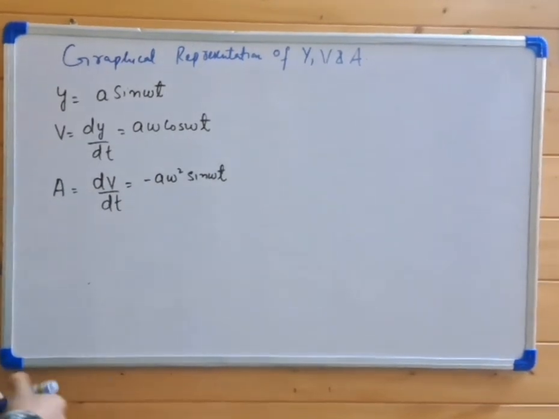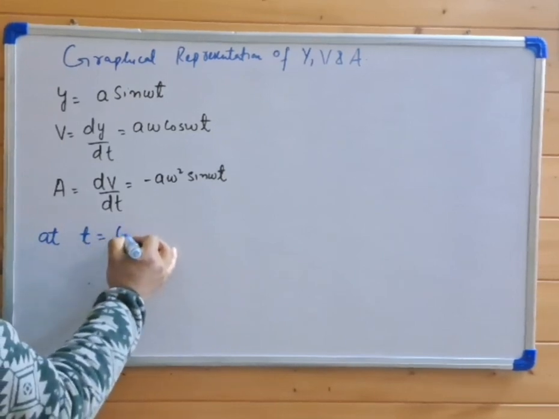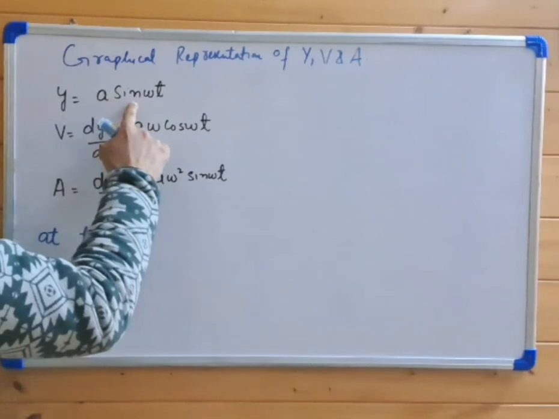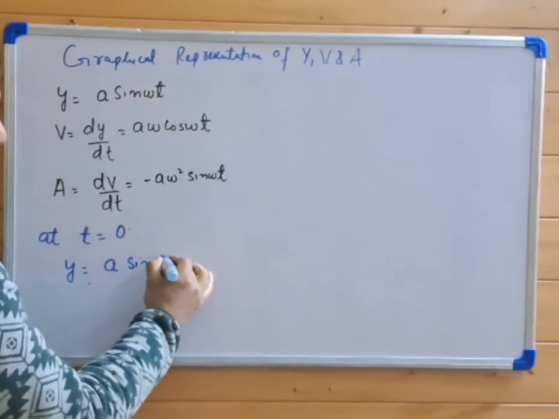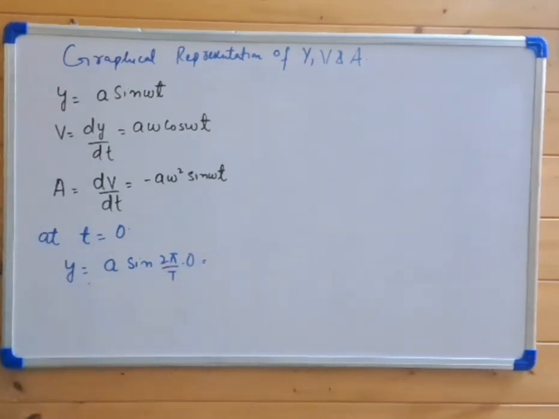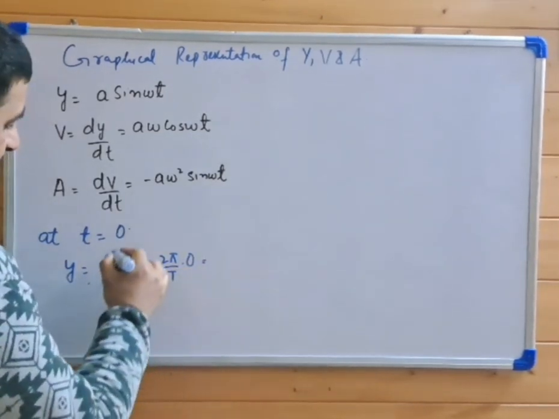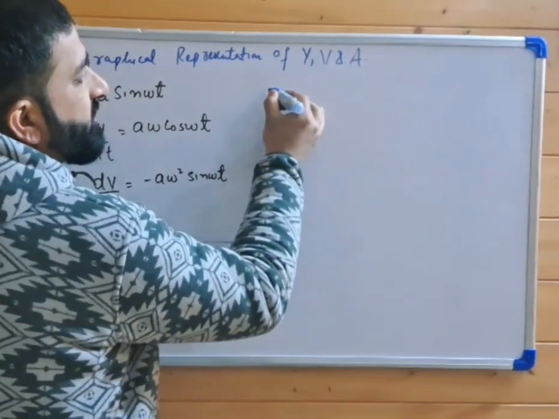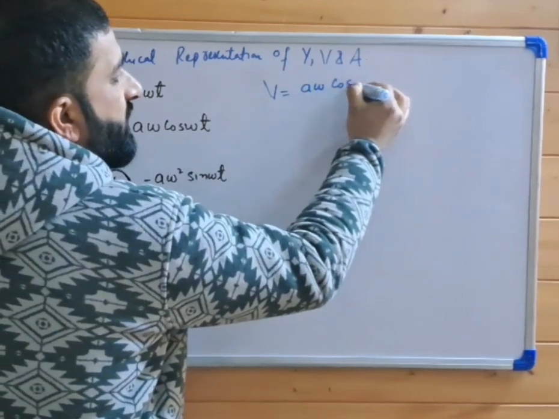Now let us calculate. At time t equal to 0, the value of displacement is equal to a sine omega t, that is a sine of 2 pi by T into 0. We know that sine 0 is equal to 0, so the displacement at t equal to 0 is 0. Calculating the velocity at t equal to 0, v is equal to a omega cos 0.